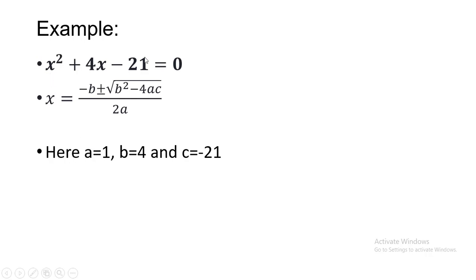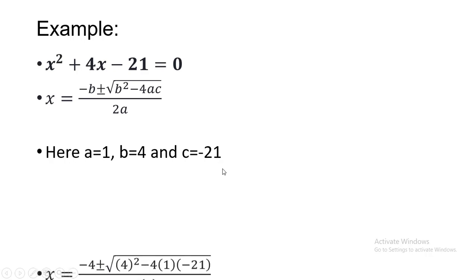If it is 0, the equation is no longer a quadratic equation. So here a equals 1, b equals 4. I'm comparing it with the general form and finding the values of a, b and c. b equals plus 4 because the sign here is plus, and c equals minus 21 because the sign with c is minus.